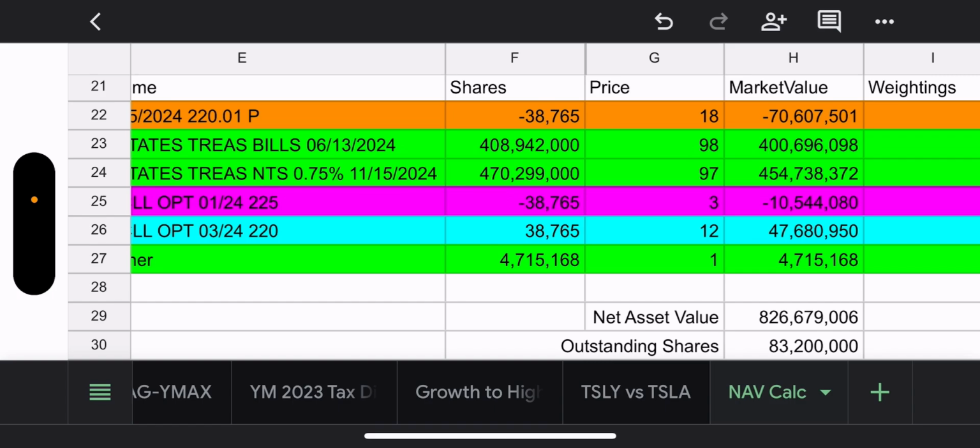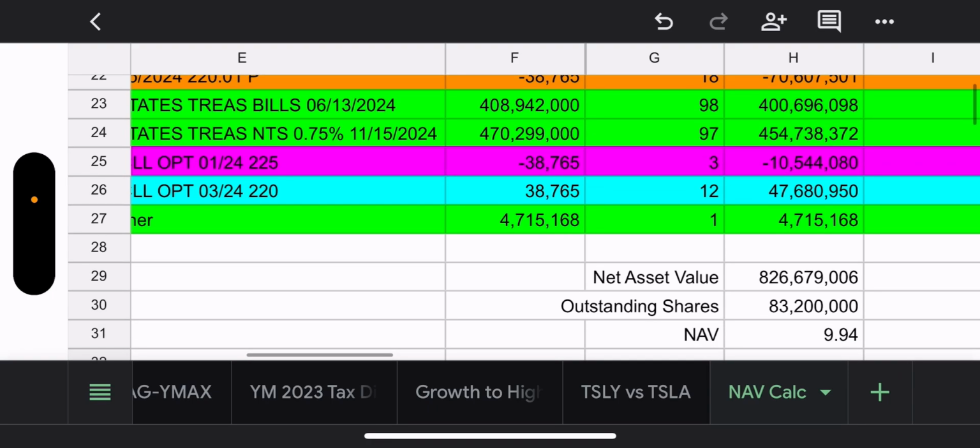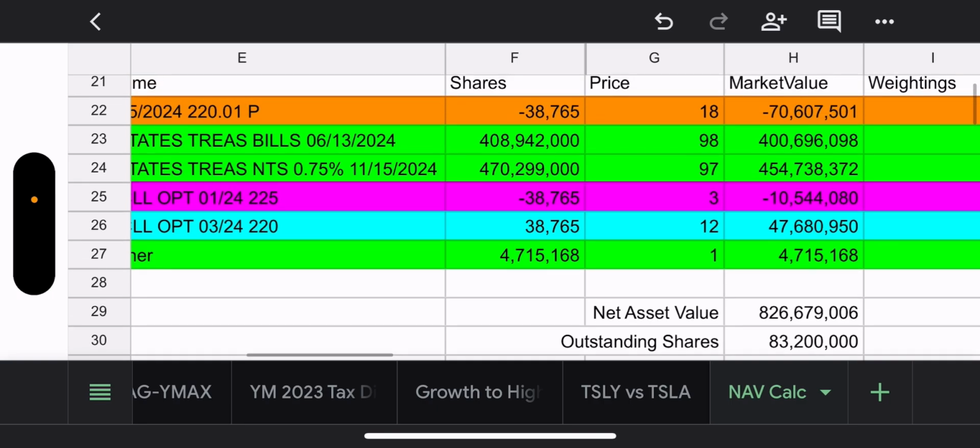Okay, if the underlying went down, then guess what? Our put is going to cost us more money to close it. So it will bring the net asset value down. Is that NAV erosion? No. It's the underlying going down, creating a larger amount to close out the put.